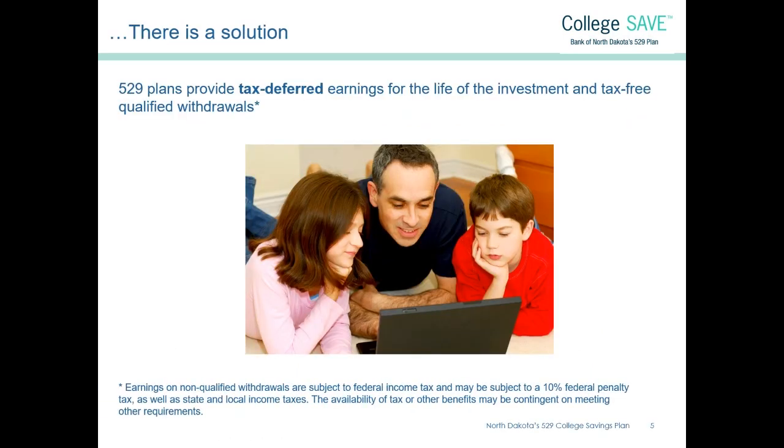But with all that said about the rising cost of education, there's the solution, and it is the 529 plan. And in North Dakota, it's the College Save 529 plan. It really allows your investment to grow state and federal tax deferred. And as long as you take a qualified distribution, and I'll cover exactly what that means later on, you'll pay no taxes on your investment earnings.